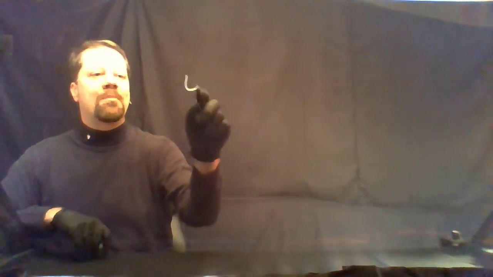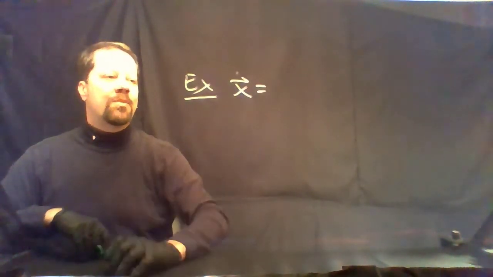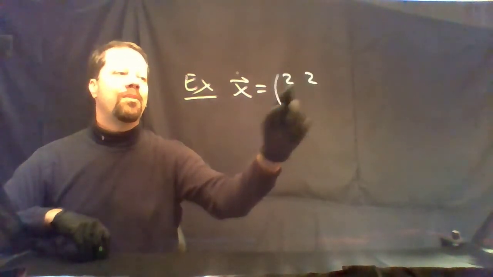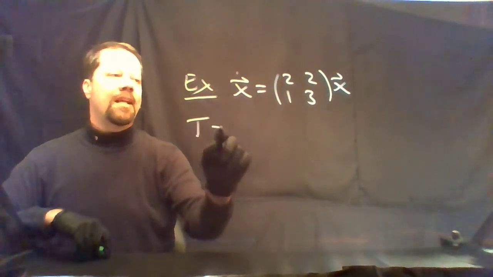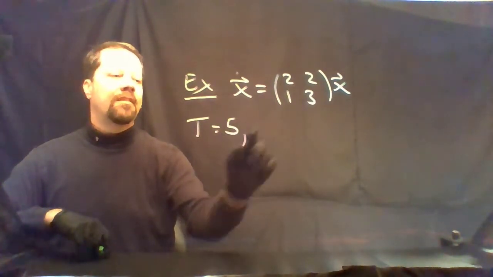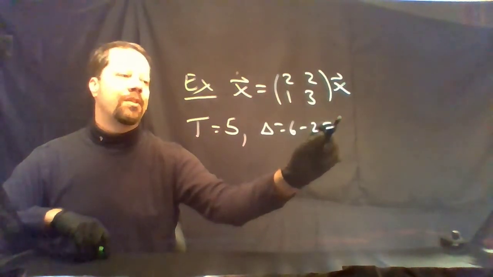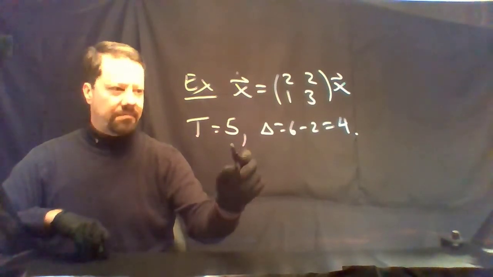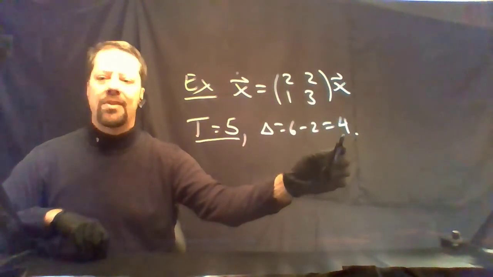As some quick examples, suppose we have x dot equal to the matrix 2, 2, 1, 3 times x. You can see the trace is 5, and the determinant is 6 minus 2, which is 4. Now, the trace is positive. The determinant is also positive.